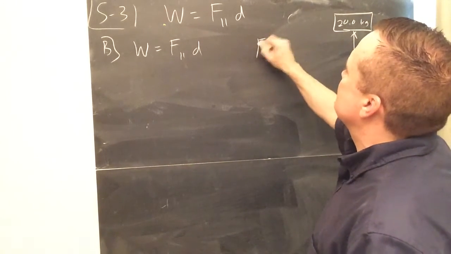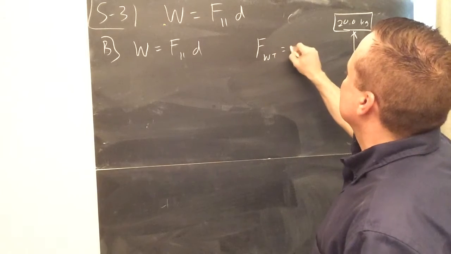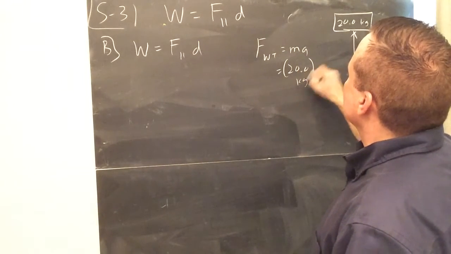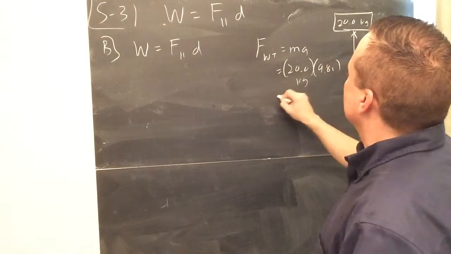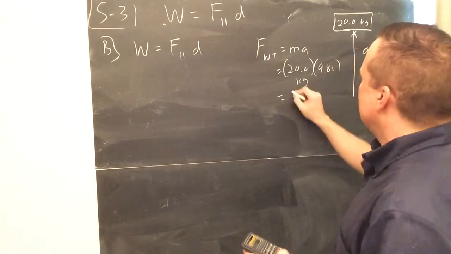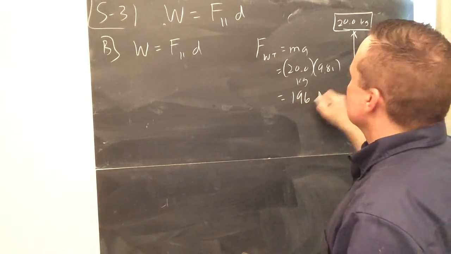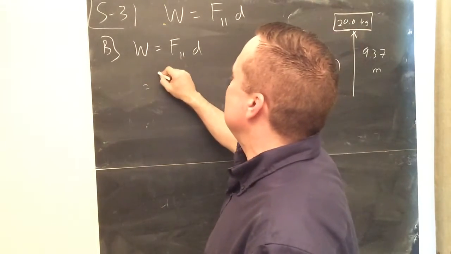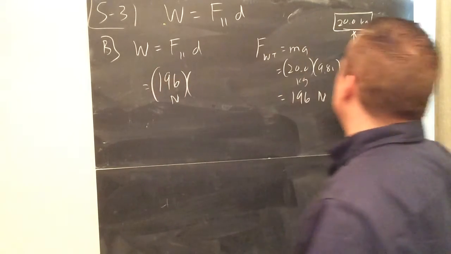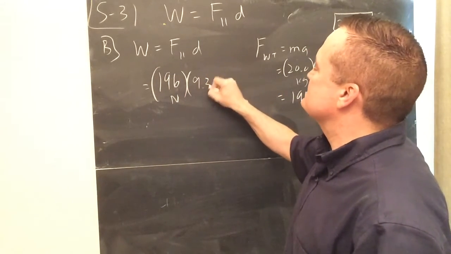The force would just have to be the weight in this case. So it's 20 kilograms times 9.81. 20 times 9.81, 196 newtons. So the work will be 196 newtons times, it went up 9.37 meters.